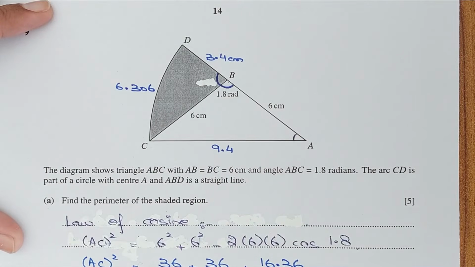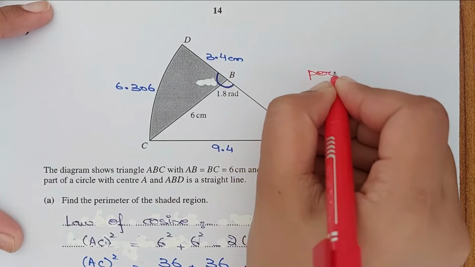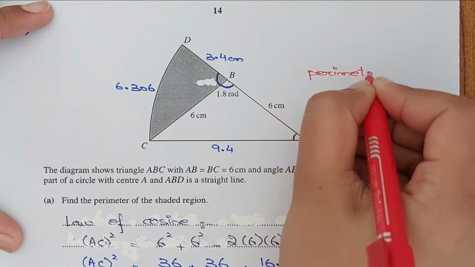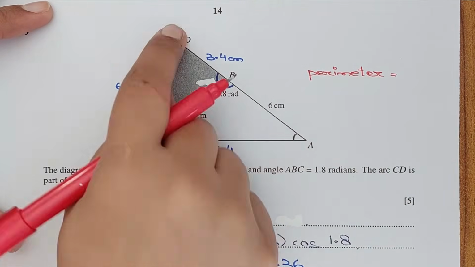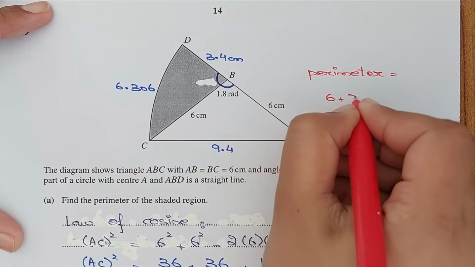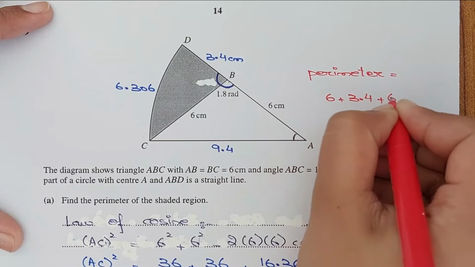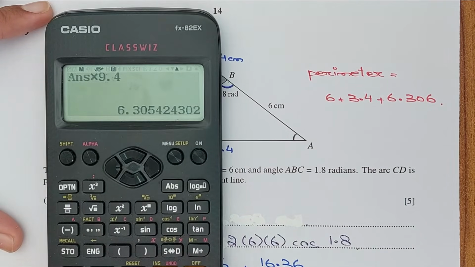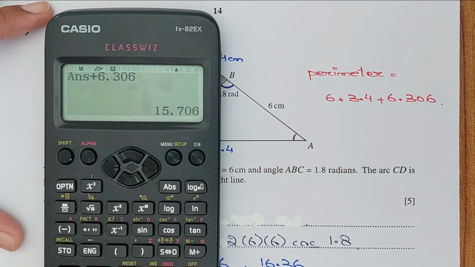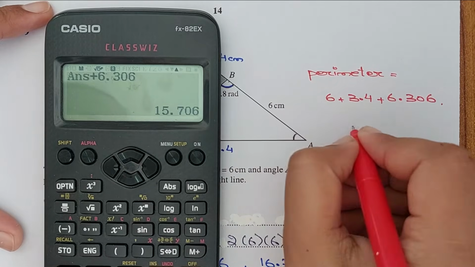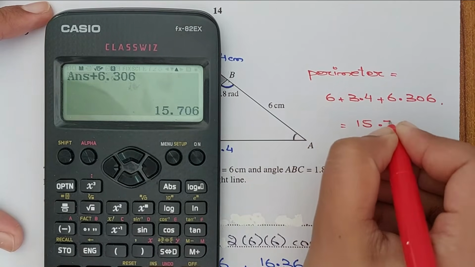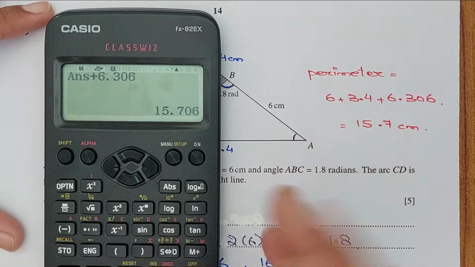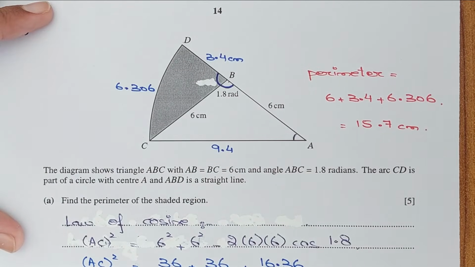Okay, now let me find the perimeter. Perimeter of the shaded region is the sum of all these three: 6 plus 3.4 plus 6.306, which is 15.706, or 15.7 centimeter. This is the perimeter of the shaded region.